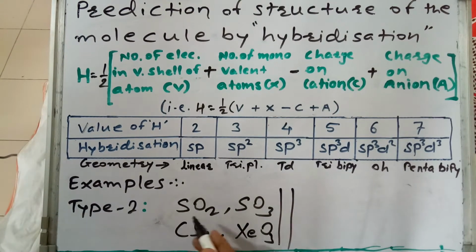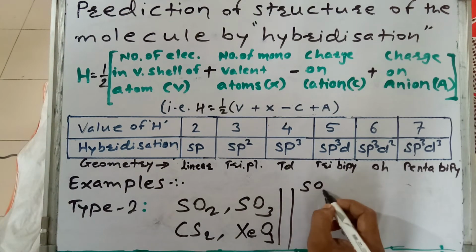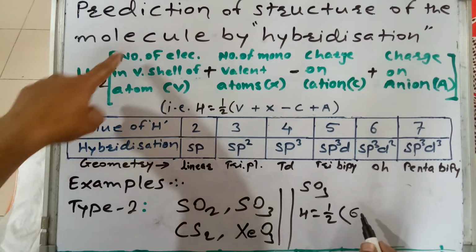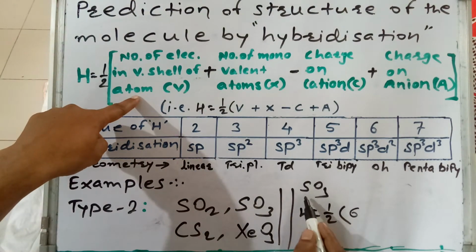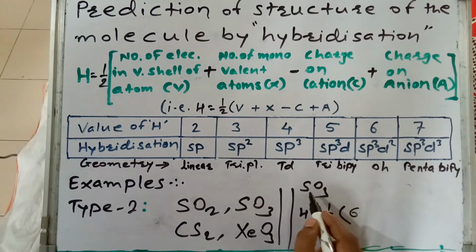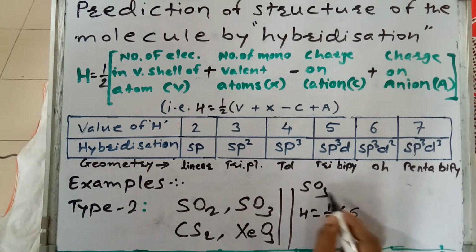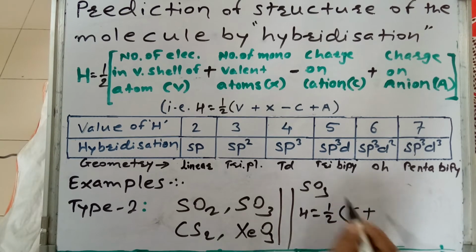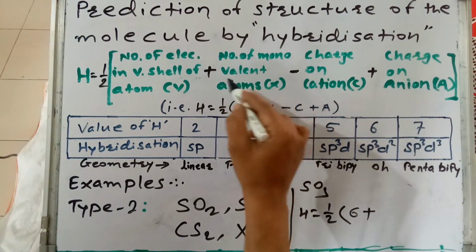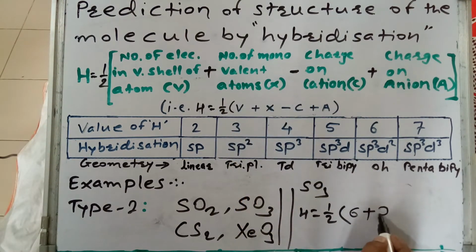We'll see the first example. Suppose SO3. So H is equal to half. The sulfur has 6 electrons in its valence shell, so the number of valence electrons is 6, and around this sulfur there are 3 oxygens. So plus there are no monovalent atoms, number of monovalent atoms is 0.